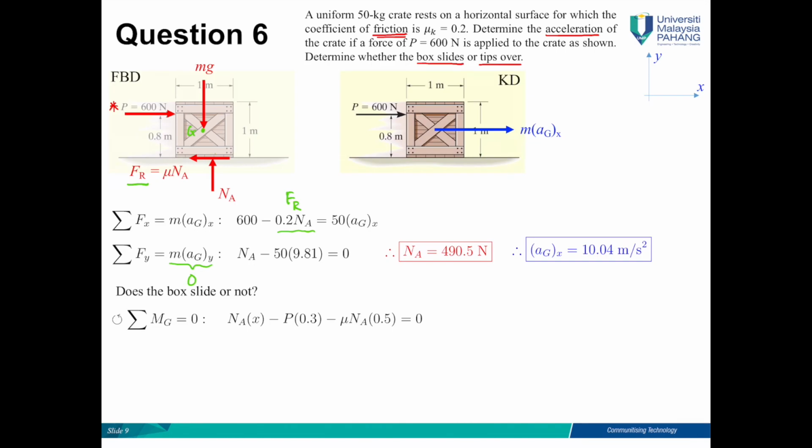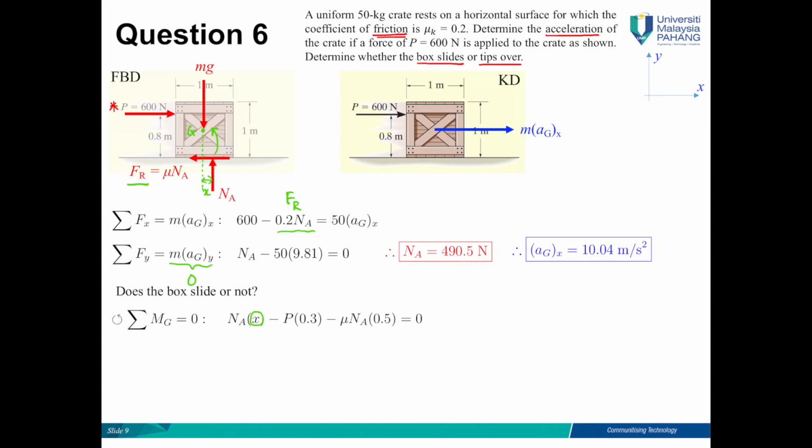So we assume that NA is slightly to the right of point G. When you want to calculate the moment, you need to multiply NA with the distance x. This is the distance x that we don't know. So we assume that NA is acting somewhere to the right of point G.